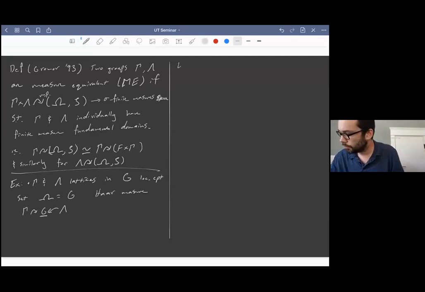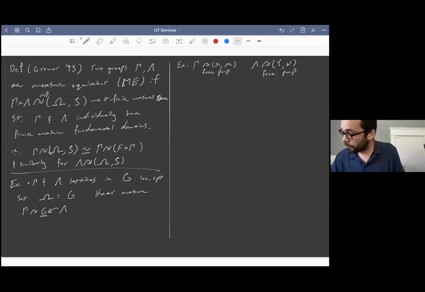Another very nice example is that if we have an action of gamma on a space X, and this is a free probability measure preserving action, and we also have an action of lambda on a space Y, again free probability measure preserving.